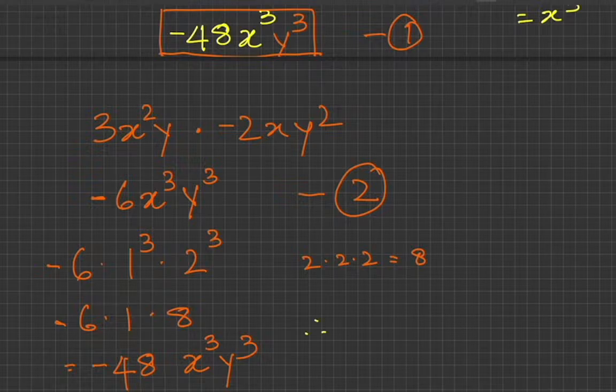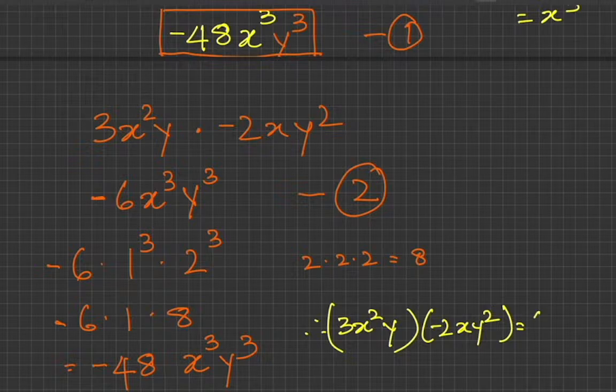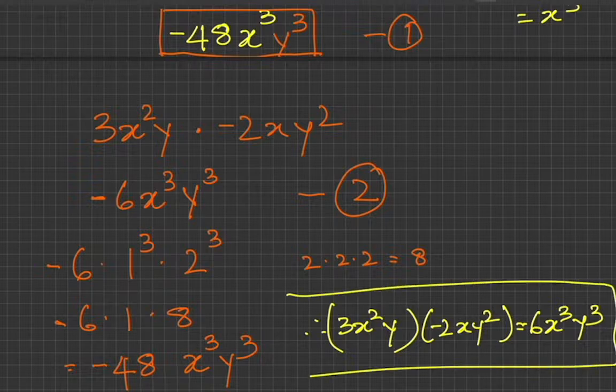Therefore 3x squared y times negative 2xy squared is equal to negative 6x cubed y cubed, because both give me negative 48 x cubed y cubed.